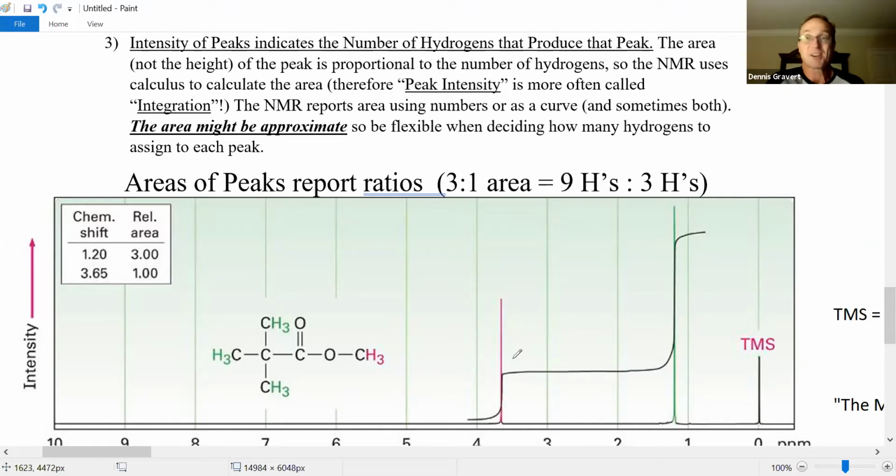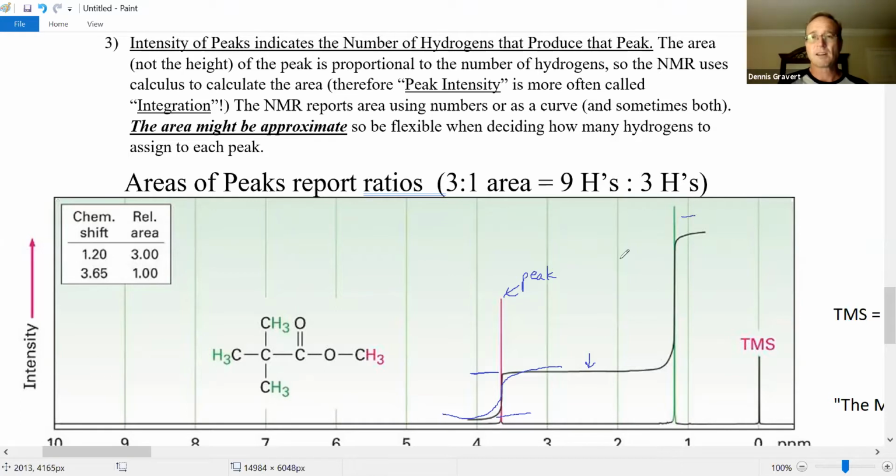Or you can call it integration, because literally that's what happens. The computer does calculus to figure out how much area is under each curve. And it'll plot an integration curve, this curve right here. And the height is proportional to the area. This line is called the integration curve. Here's a peak.